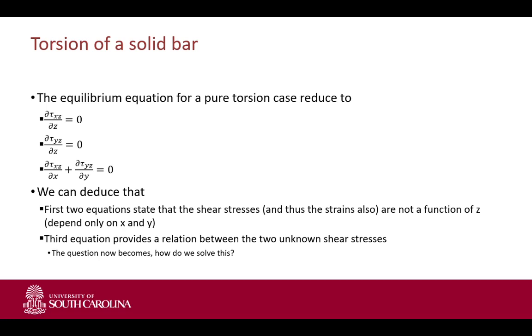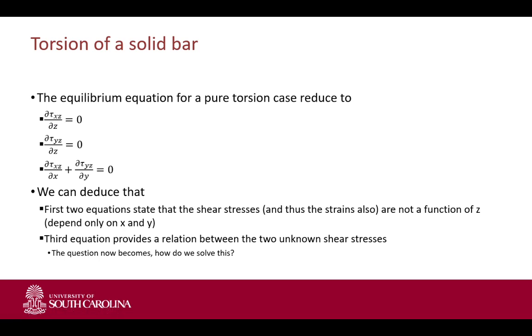If the derivative with z of a function is equal to 0, that means the function depends only on the other variables, not z. Because if tau xz is a function of z and you take the derivative, then you have a non-zero value.